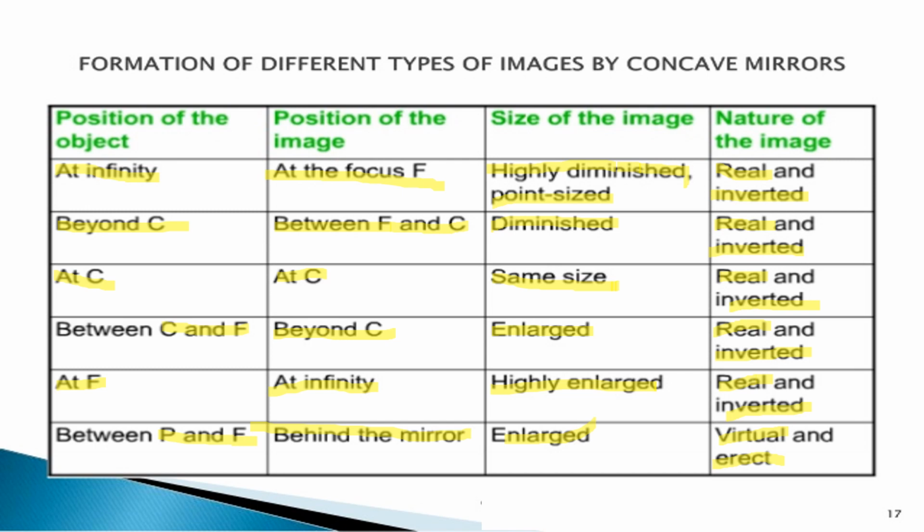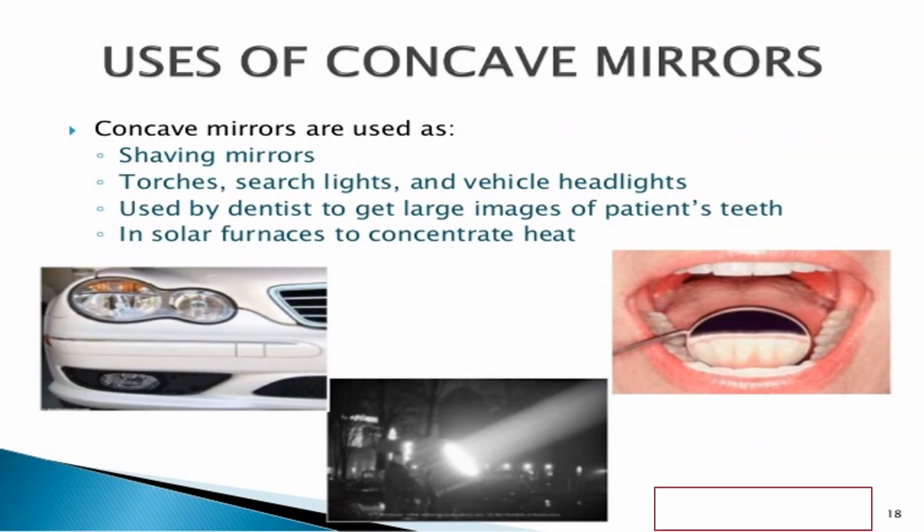Okay, now we'll see what the different uses of this concave mirror are. It is used as shaving mirrors, torches, searchlights, vehicle headlights, and it is also used by the dentist to get a larger image of the patient's teeth. Also it is used for solar cookers and solar furnaces, so that we can concentrate the heat.